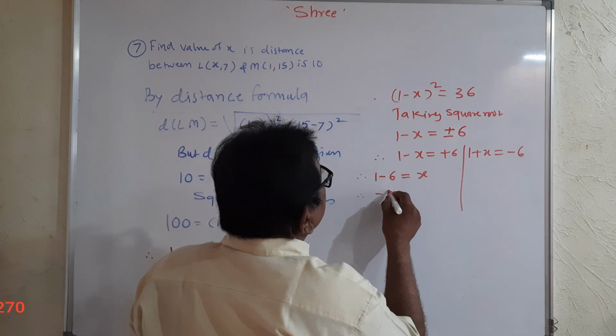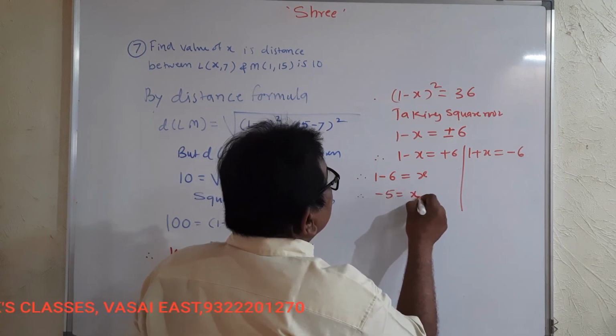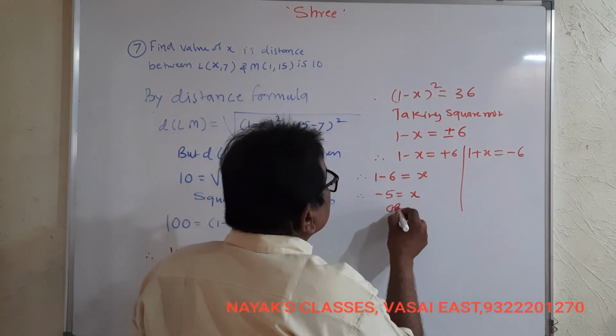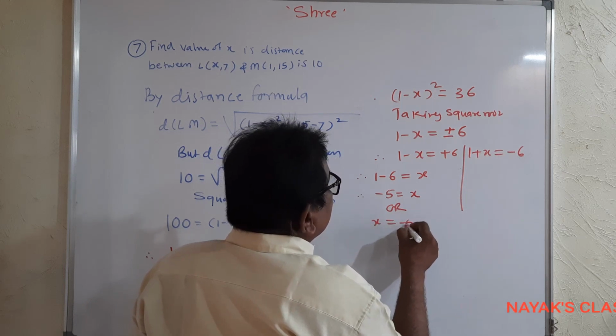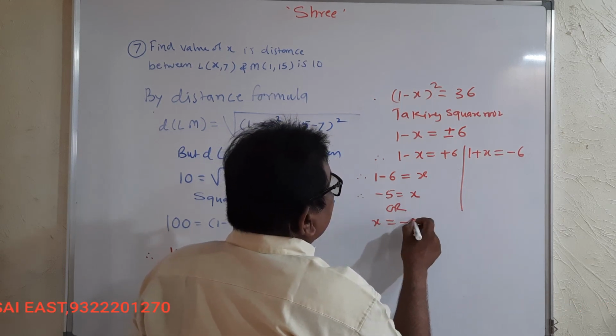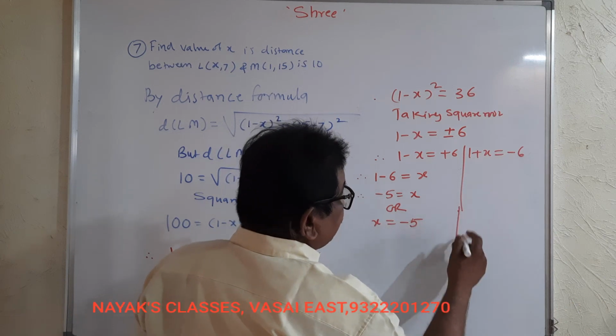So therefore minus 5 is equal to x, or x is equal to minus 5.